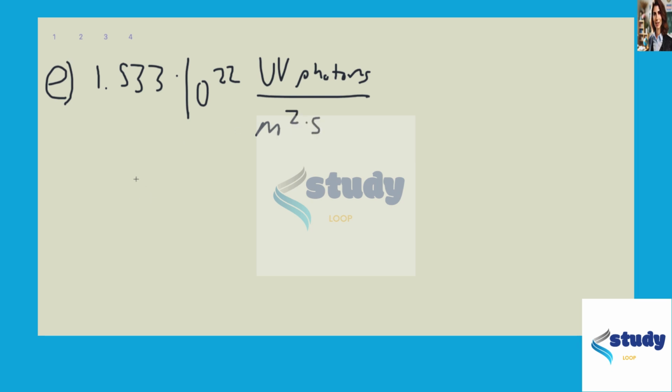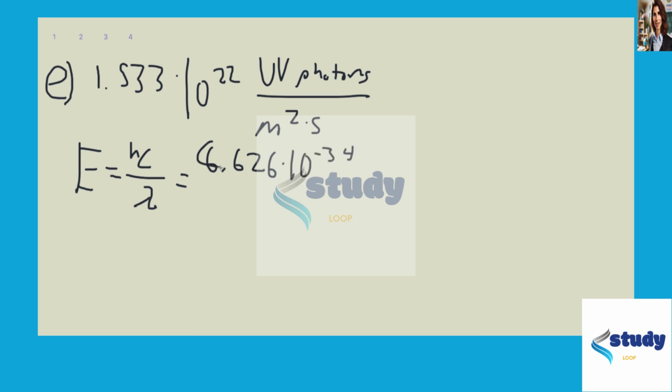Now we want to find the energy of a single photon, which of course is E equals hc over lambda. h is Planck's constant, 6.626 times 10 to the minus 34th. c is the speed of light, 2.99 times 10 to the 8th.